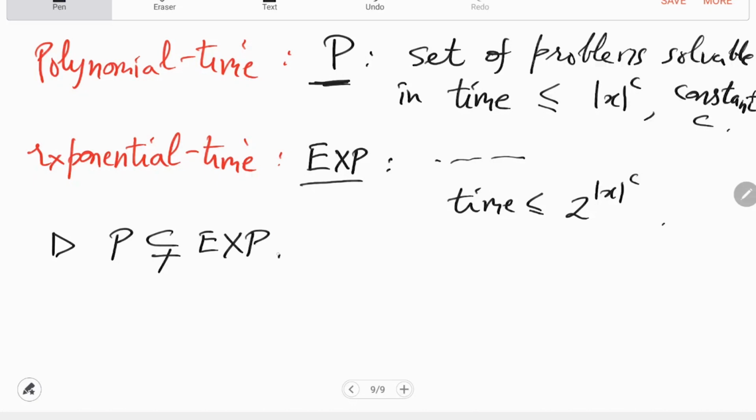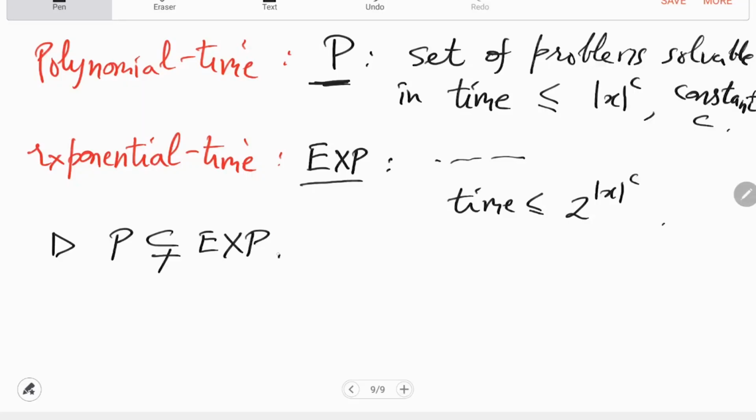The problems that we come across in life are usually in exp, and amongst them some are in P, some are not known to be in P, and some are known to be in exp minus P. This is the usual categorization of problems that you come across.